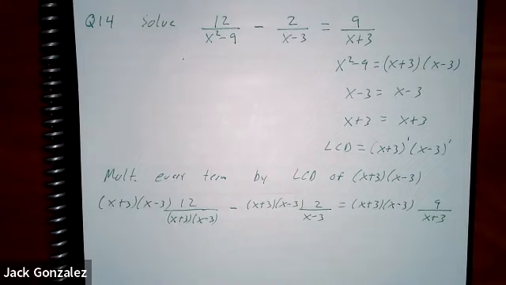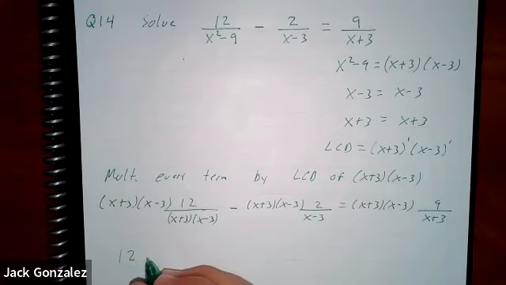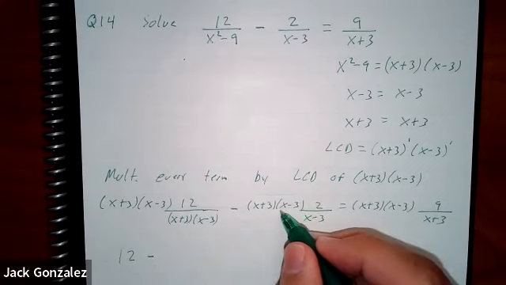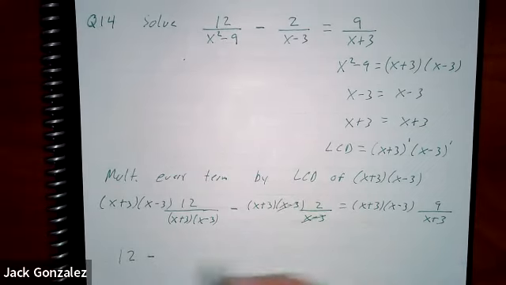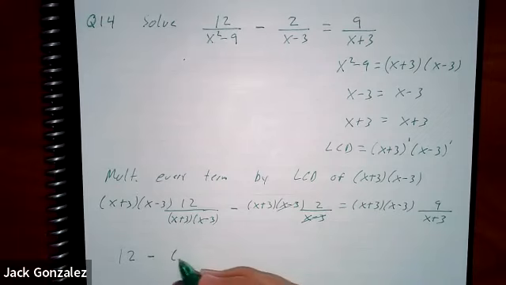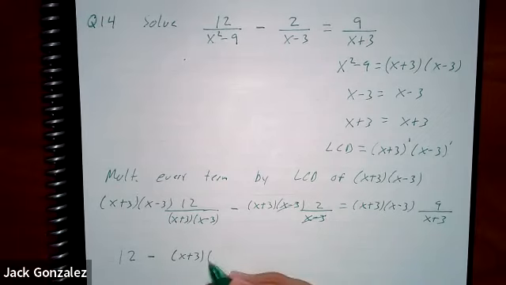So what cancels on the first term? Everything in the first one, except 12, obviously. What about here? What cancels there? X minus 3. So we're left with the same thing.